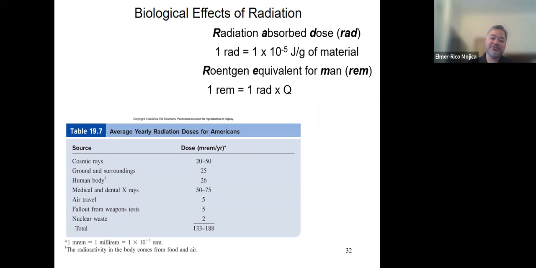And these are the sources of radiation that we have. Mostly from what? The X-ray. Do you often have X-rays for yourself? Usually that is not advisable.